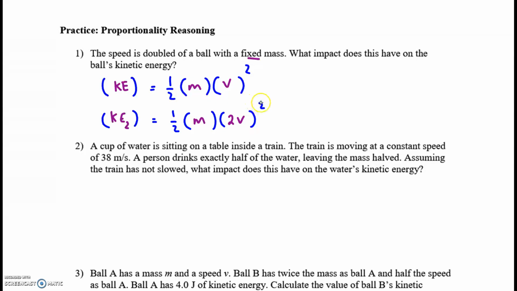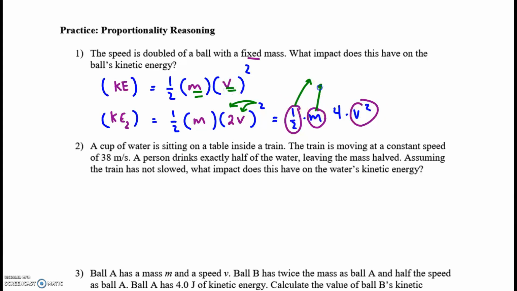The first step is going to be to distribute the squared to both things in parentheses. And when I do that, I have 1/2 times m times 2 squared times v squared. But wait a second. I can substitute in 1/2 times the original mass m times the original speed v squared.